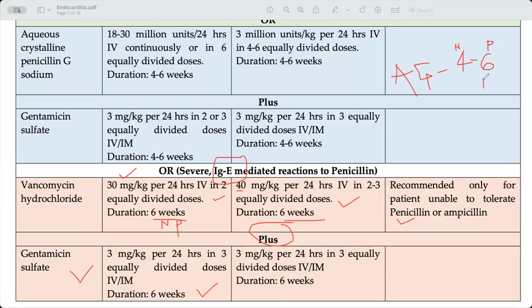In native valve, if the symptoms are more than 3 months, then we will use 6-week therapy. And if the patient is allergic to penicillin, IgE mediated allergy, then we need to give vancomycin and gentamicin. And duration of therapy is 6 weeks, either native or prosthetic, no matter. So this is the therapy for enterococcal endocarditis.